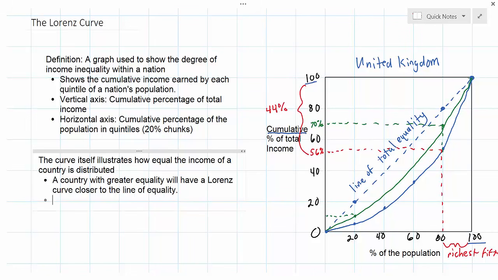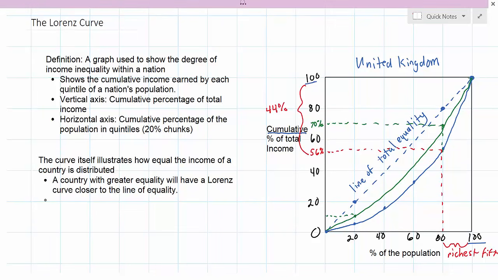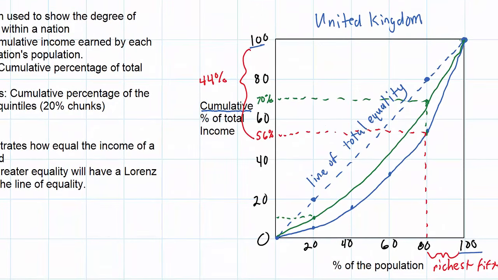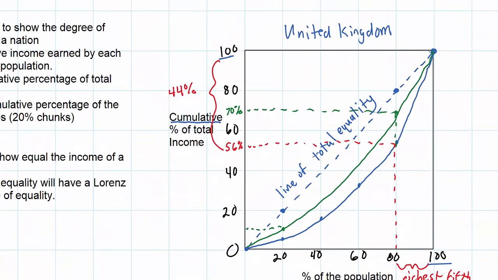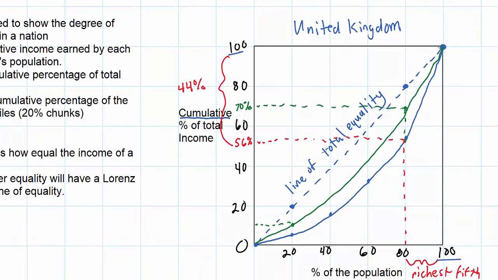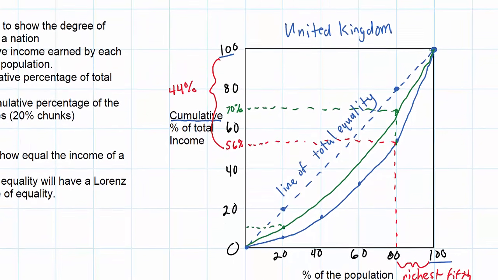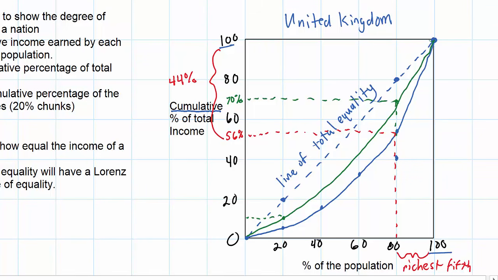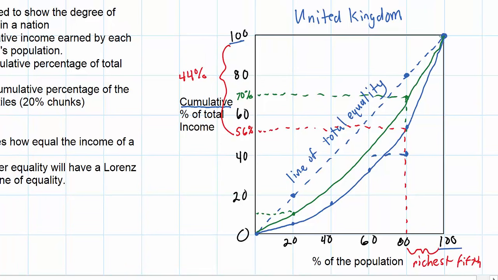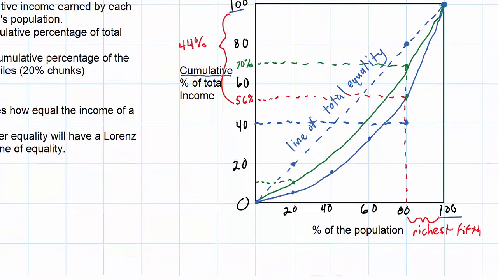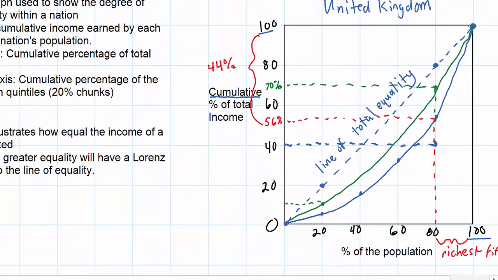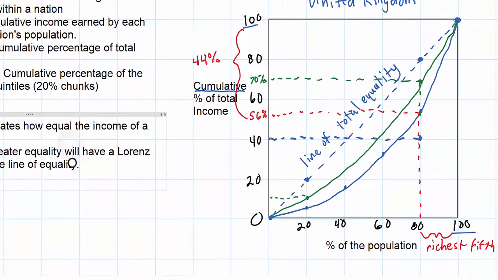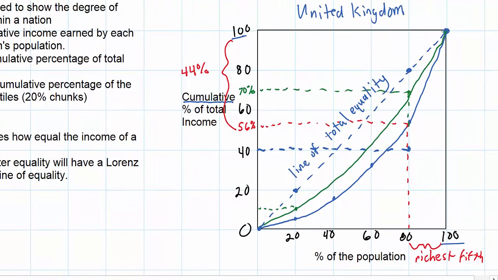On the other hand, what if a country had greater inequality? What if the top fifth, for example, took home 60% of total income? Let's have a quick look and see what that Lorenz curve would look like. If the richest fifth of a country's households took home 60% of income, that would leave just 40% left over for the rest of the population, meaning the Lorenz curve would look like this. The bottom 4/5 earn just 40% of the income, and let's say, for example, that the lowest fifth earn just 3% of income.